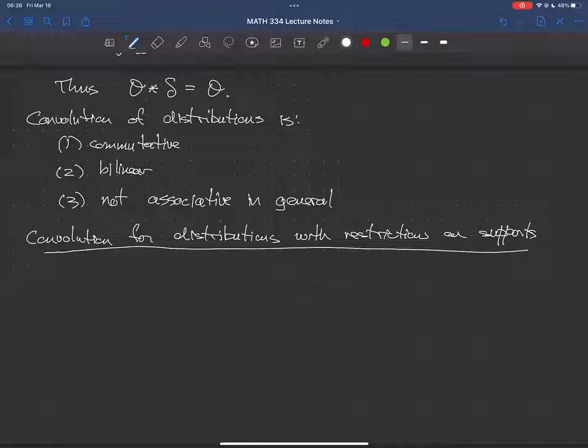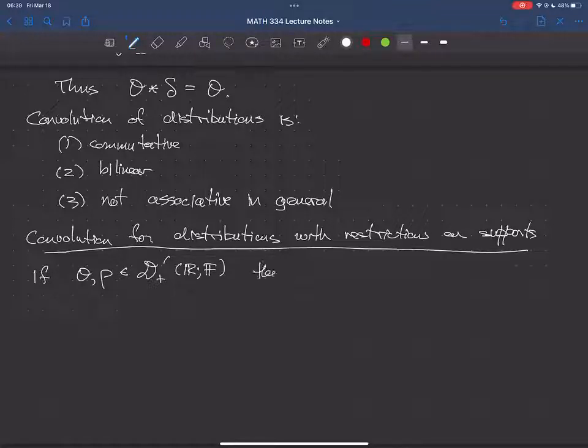So what happens here is rather similar to what happens with signals. If theta and rho are in D prime plus of R, that means the support of the distributions is bounded on the left.